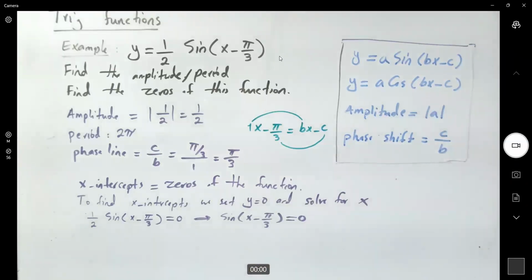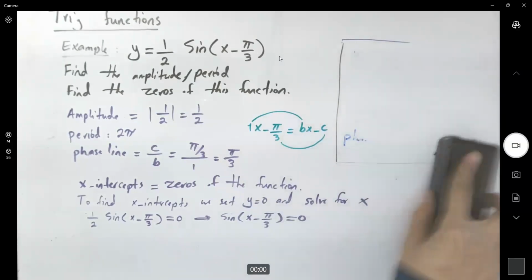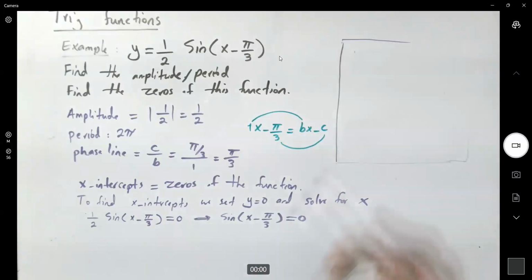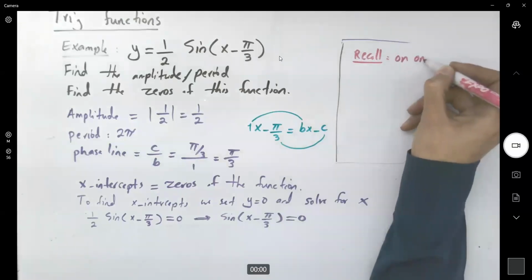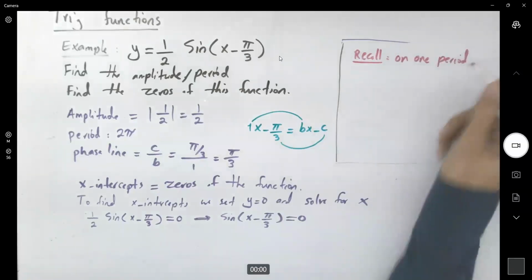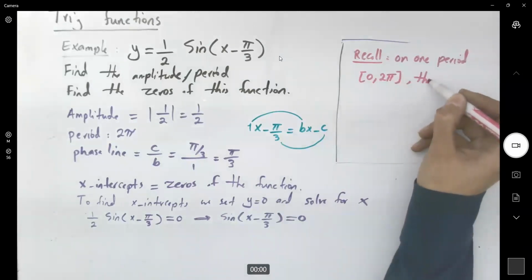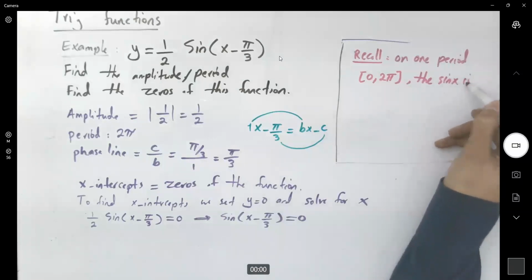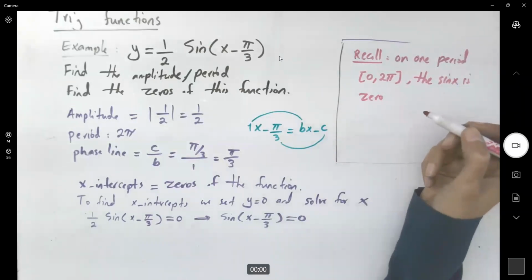Recall that when we had sine equal to 0 in one period, which was 0 to 2 pi, the sine of x is 0 at which values?